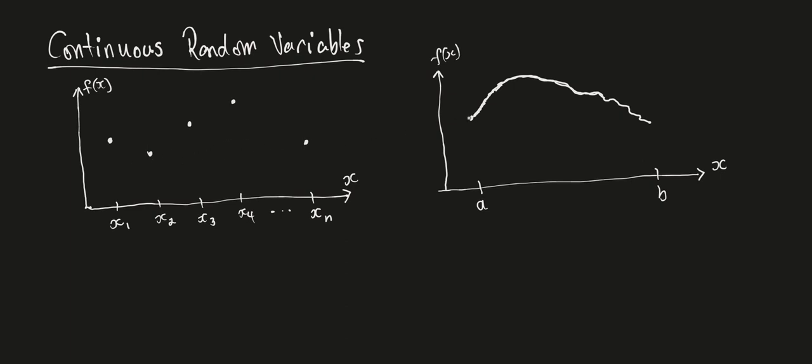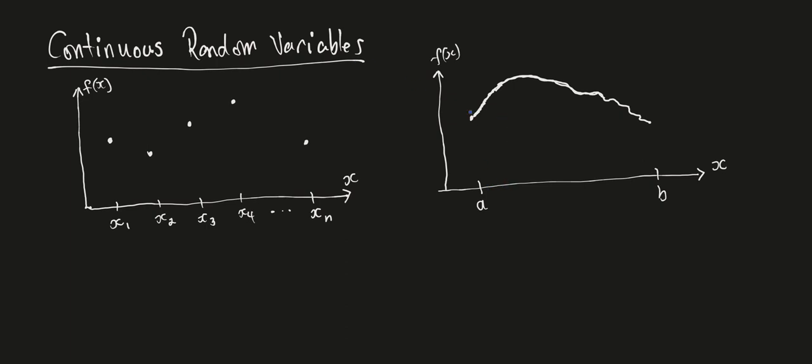And when we think of it as a nice continuous function, since we can't distinguish between one x value and the next one, the question becomes: what is the probability that my random variable is in some interval?